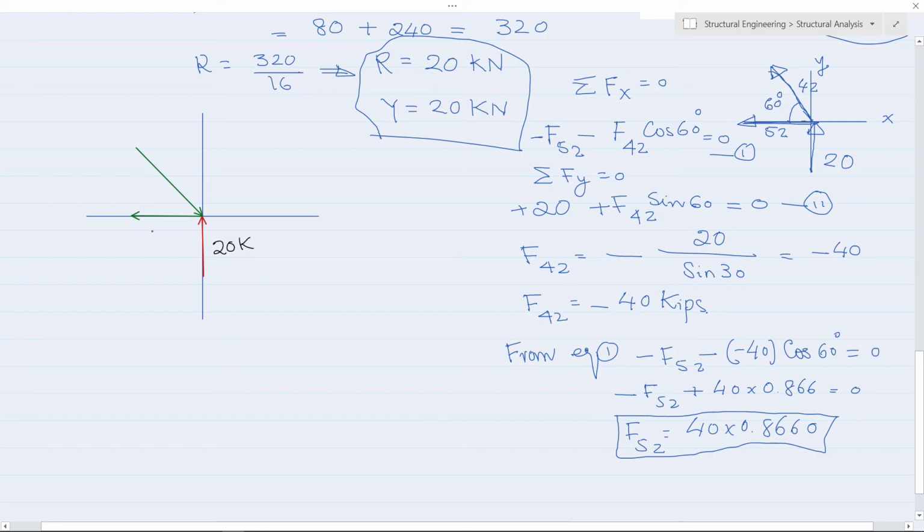This F52 is something around 40 multiplied by 0.866. How much is that? Let me calculate.